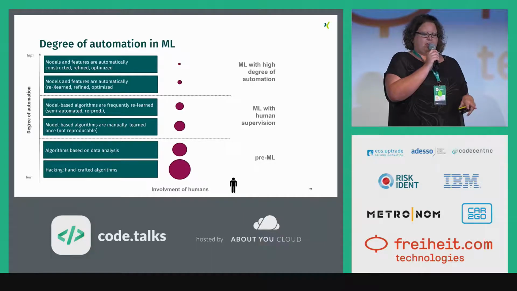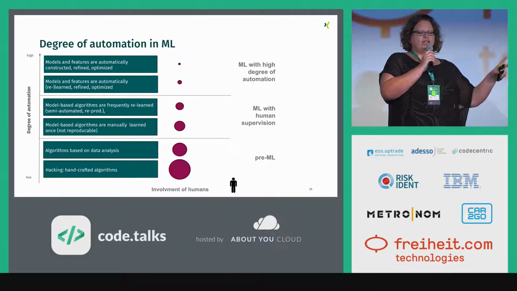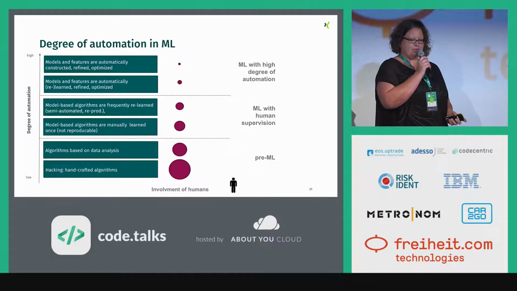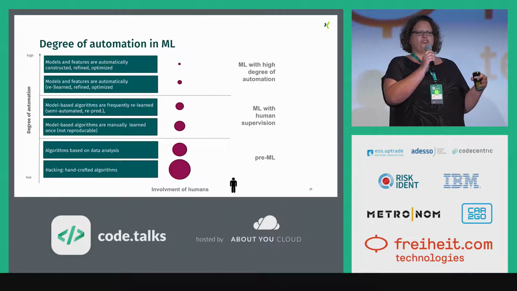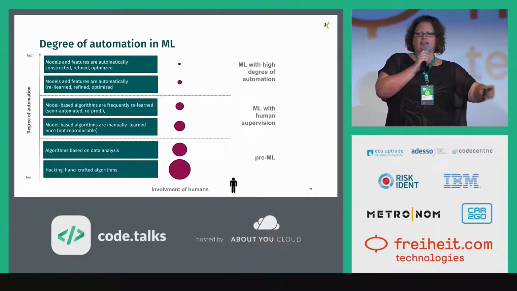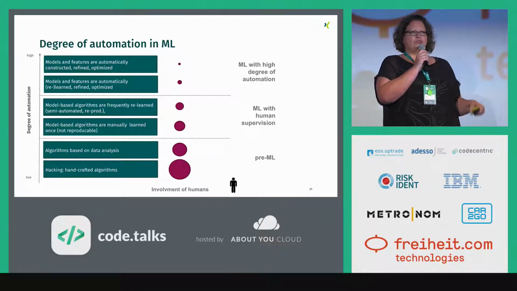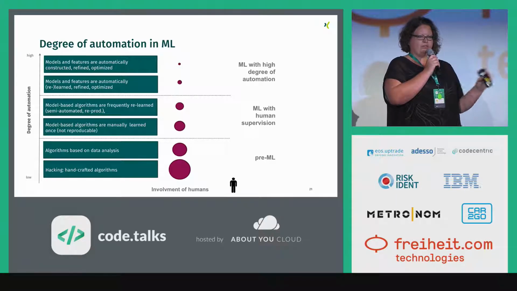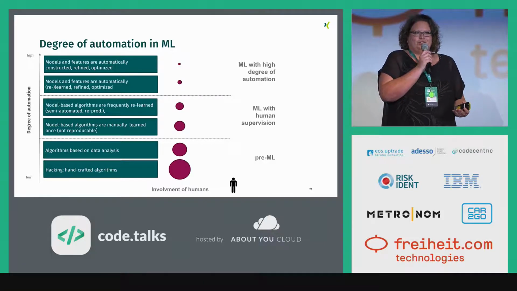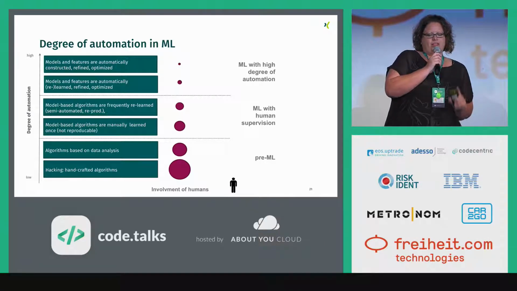On the first step, we have hacking, really handcrafted algorithms. We don't have them. This is where a human just comes and tries to make up some rules, like a data scientist always has Java skills. So you do not ask your data, you just make rules up with a human or a domain expert. The human is pretty much involved, and I cannot recommend that.